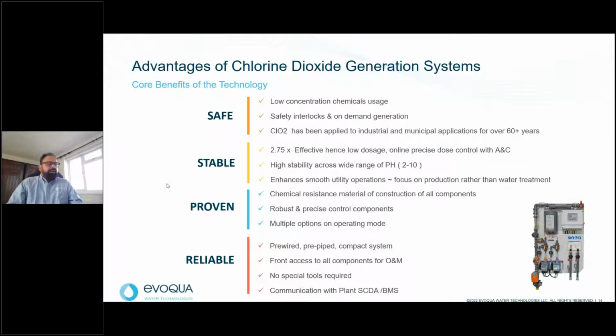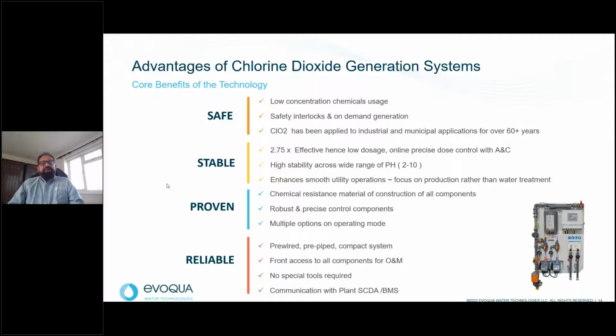These two chemicals are brought into a robust reactor chamber under very precise control, firstly by the metering pumps, followed by the volumetric flow meters. The precursors and the process water flow are continuously monitored and displayed during generation, which gives you more on the safety aspect.